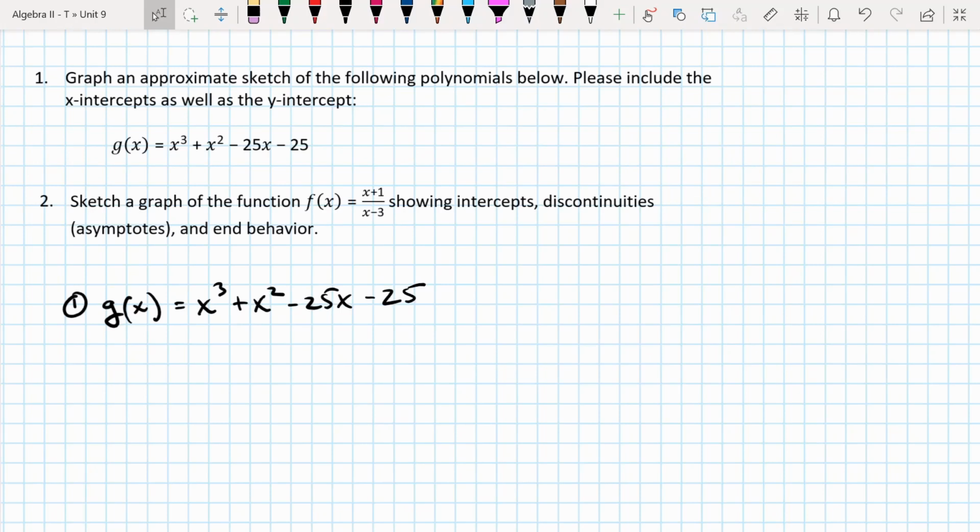The first thing we want to do when we have a polynomial function is, if we can, see if we can factor this. So let's do a little bit of factoring by grouping. I'm going to factor an x squared out of the first two terms, and then I'm going to factor a negative 25 out of the third and the fourth term.